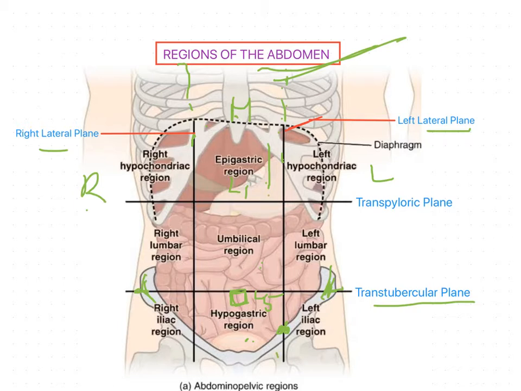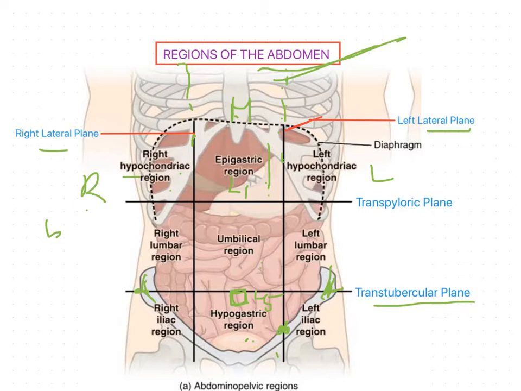Now coming to the right side, the uppermost region is called the right hypochondriac region. Here hypo means below, and chondriac means costal cartilages, the cartilages of the ribs.